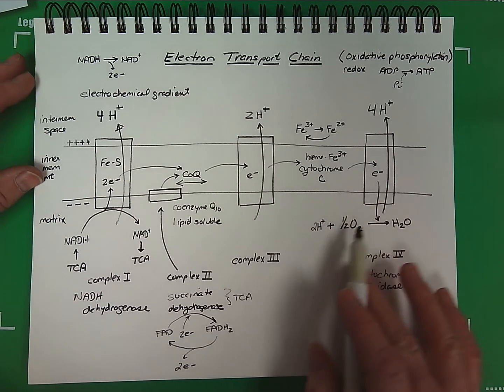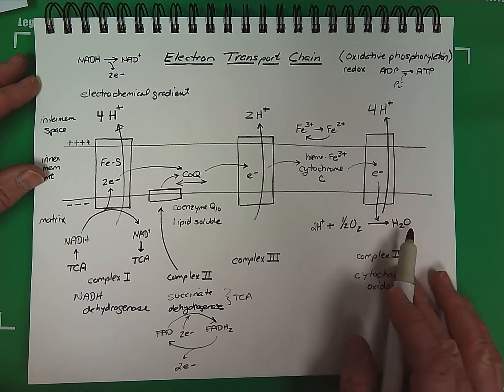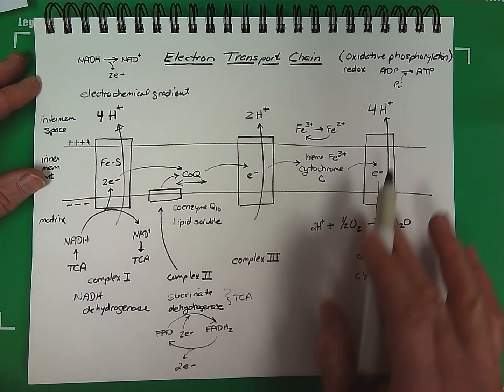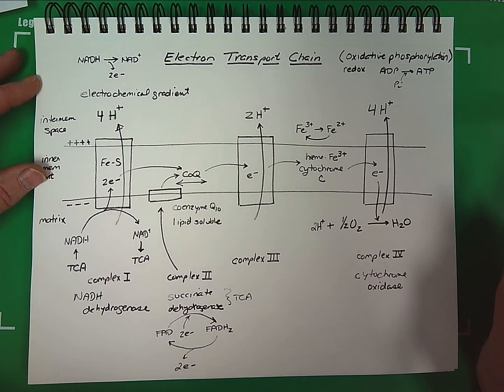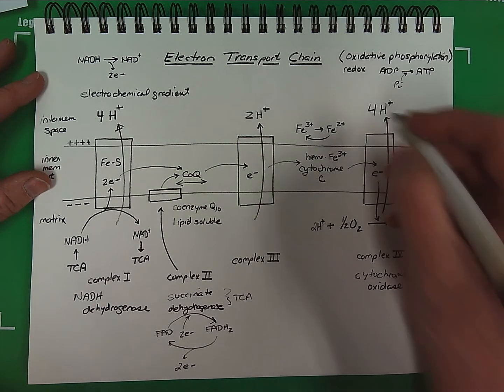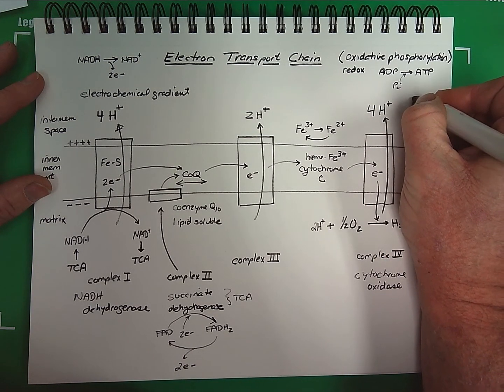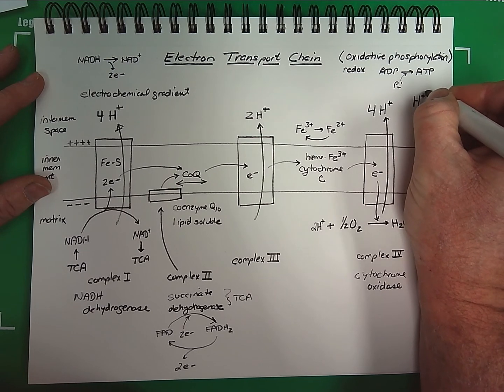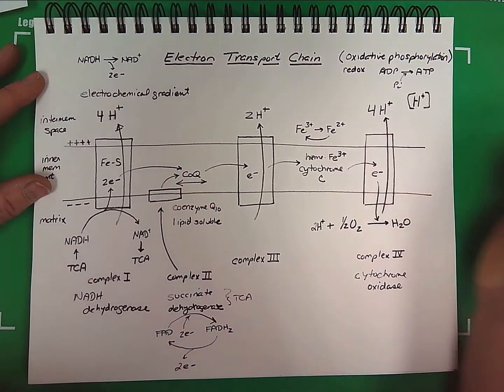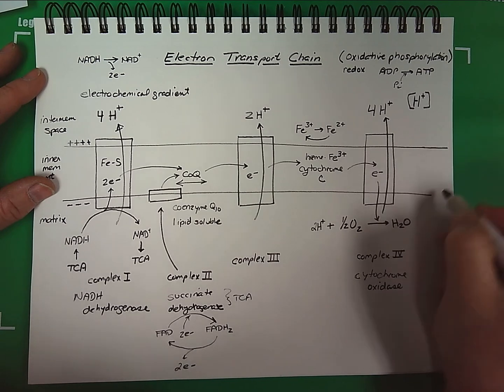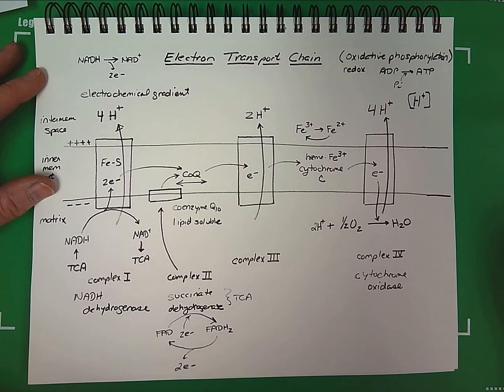Now, once the electrons are associated with oxygen to form water, the electron transport chain is complete. Now, we have to concern ourselves with this proton gradient. We are now going to use this proton gradient that we have established to perform work.